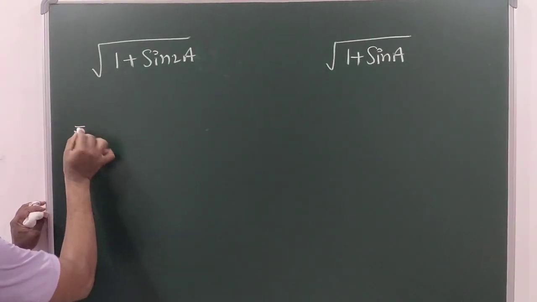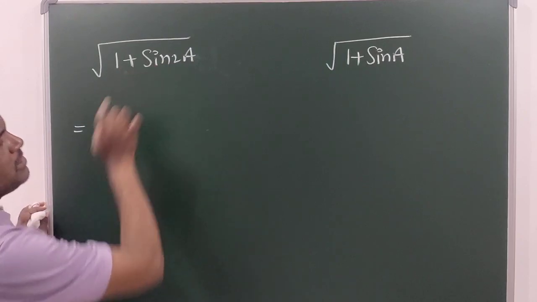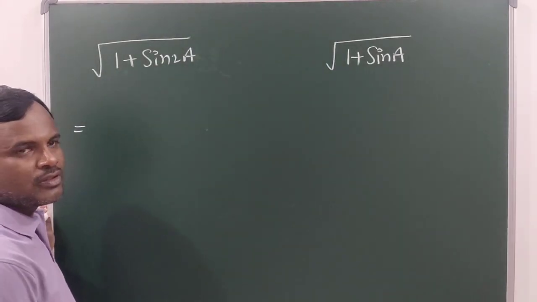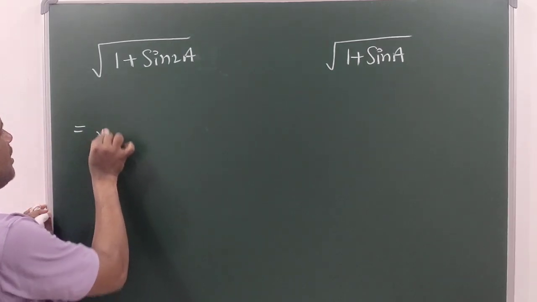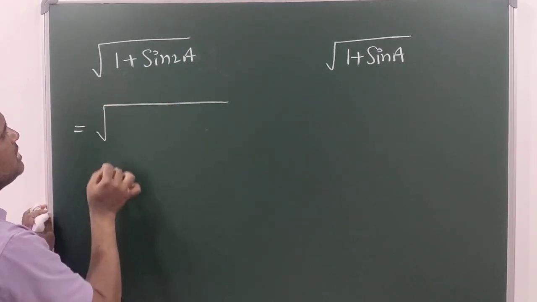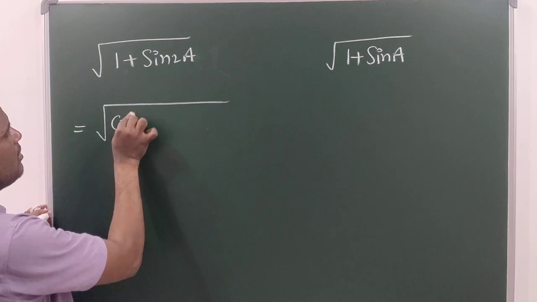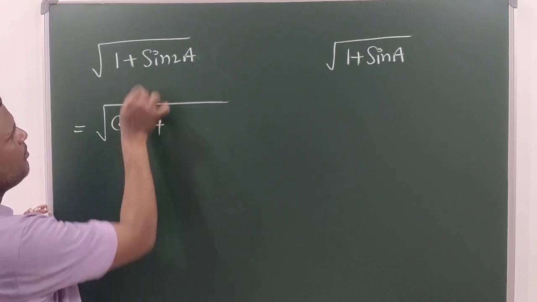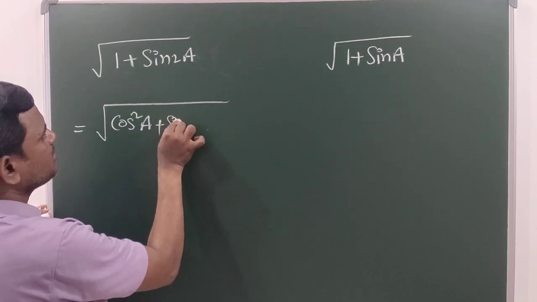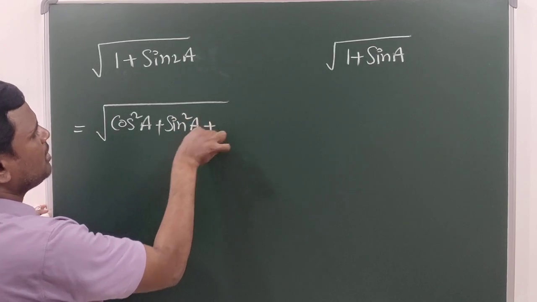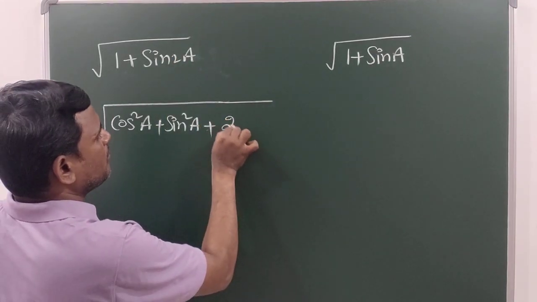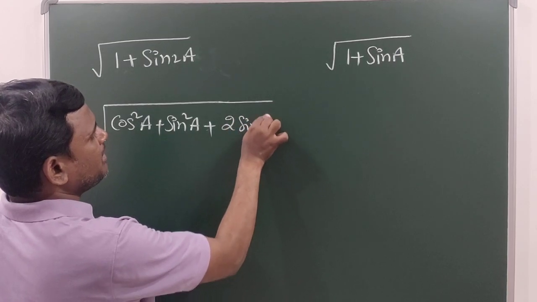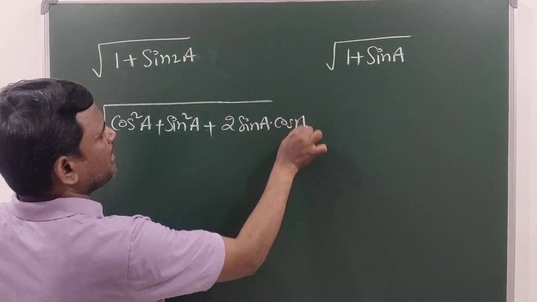See here, find the square root of 1 plus sine 2a. So to find the square root of 1 plus sine 2a, now I would like to write this one as cos square a plus sine square a, and the sine 2a we can write as 2 sine a and cos a.